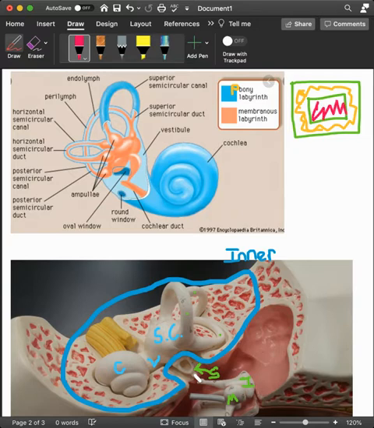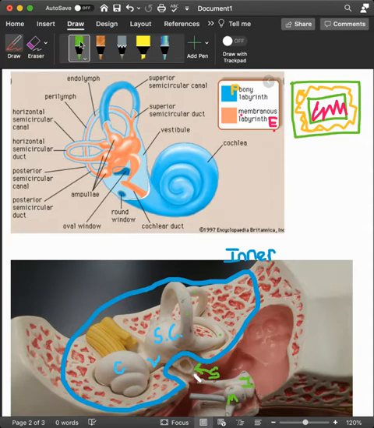So you have boxes and then you have fluids. Now, the membranous labyrinth has endolymph, so I like to think of it as ME, or me. So you have peanut butter and me. That's just a way to help you remember it if you need it.